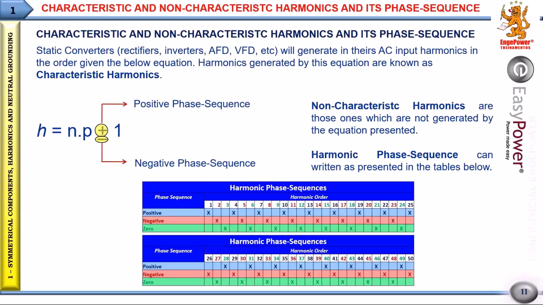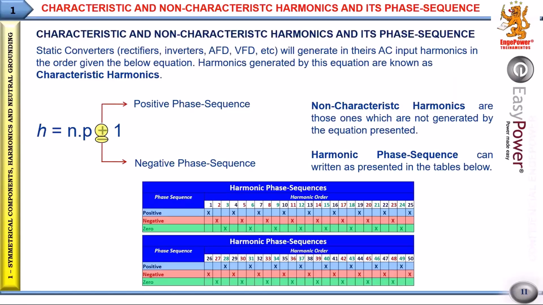The characteristic harmonics are generated by this equation here: h = nP plus or minus 1, where h is the harmonic order generated, n is an integer number, and P is the number of pulses of a converter. For the most common converter, we have 6 pulses.